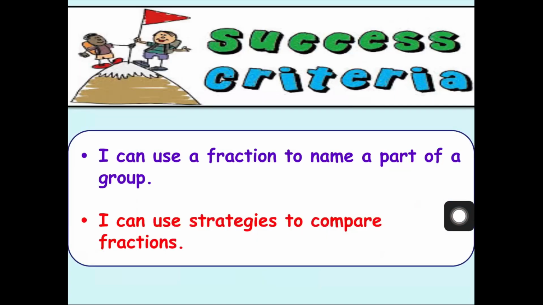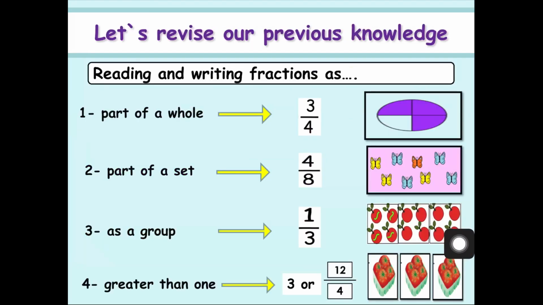And we will use the success criteria to assess our learning. I can use a fraction to name a part of a group, and I can use strategies to compare fractions. We should be able to do this at the end of the lesson.